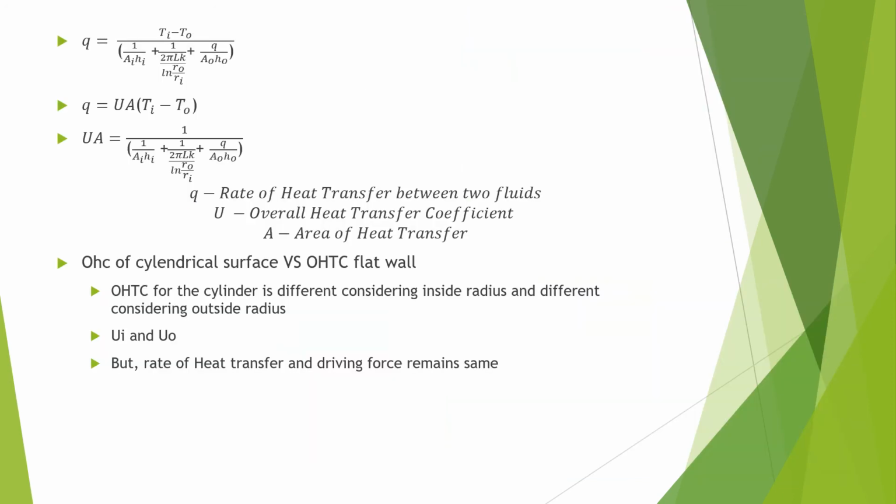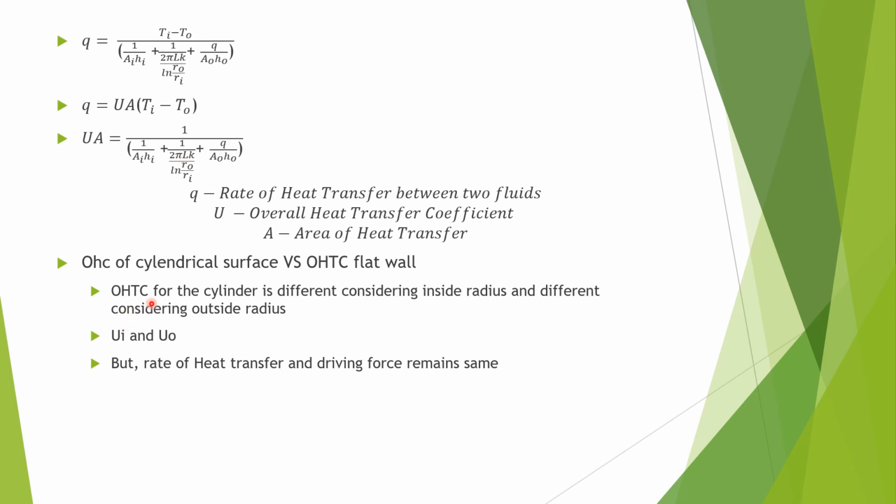So these are the three equations that we have derived from our previous derivation. These are the three equations where Q is the rate of heat transfer between the two fluids, U is the overall heat transfer coefficient, and A is the area of the heat transfer.